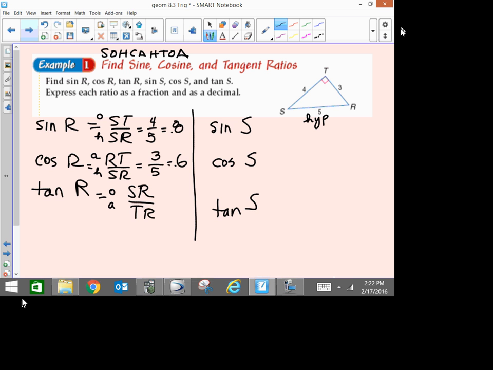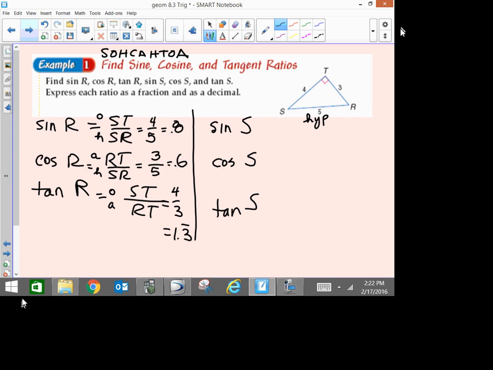Opposite R. Oh wait, never mind. So what's my opposite, Rachel? The opposite would be ST. ST. Sorry, I was thinking. That's okay. And adjacent? The adjacent would be RT. Okay. Or what? 4/3? Okay. And the decimal for that is a repeating decimal.